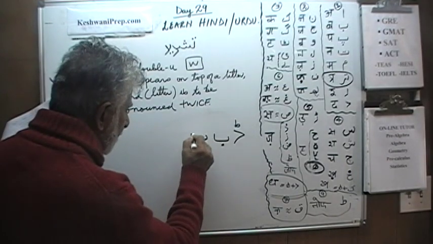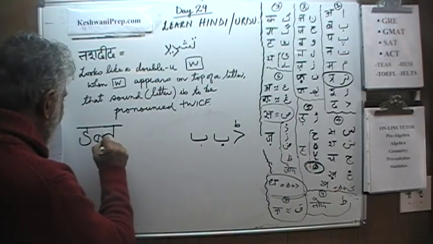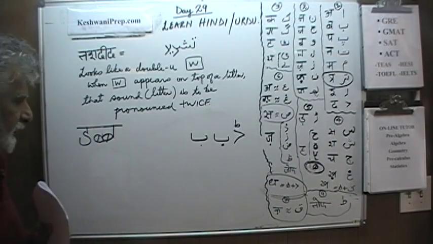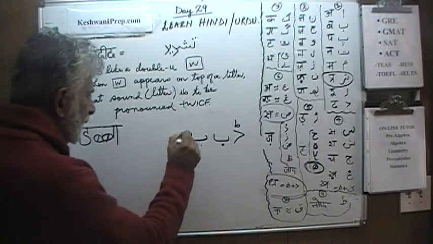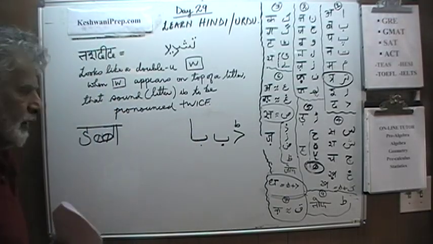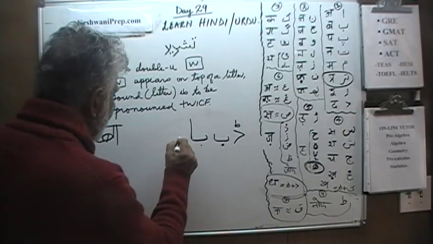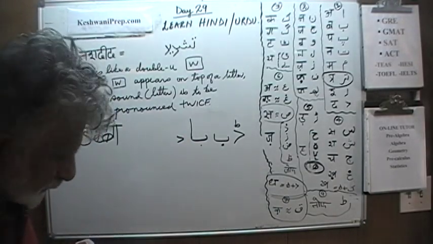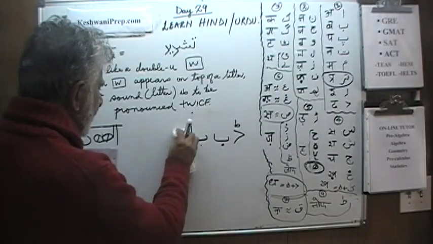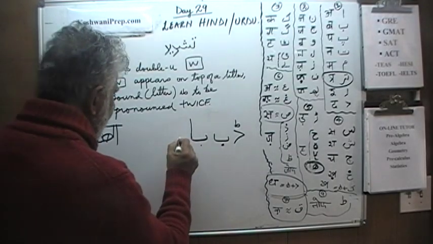We need another ba. Another ba is going to join it. So far is dab, and then ba. Dabba. Dabba, as in a box. Let's put them together. Shoot. That's not what I meant to do. Let's put them together.